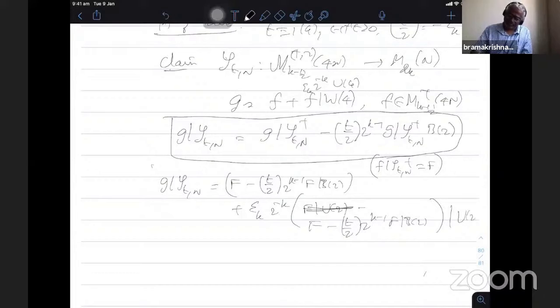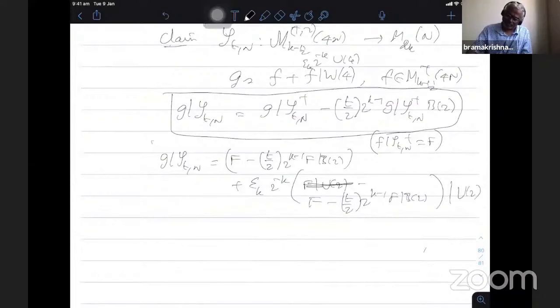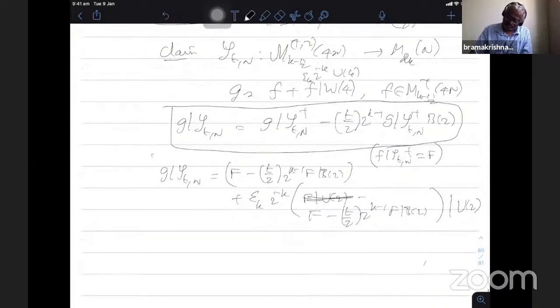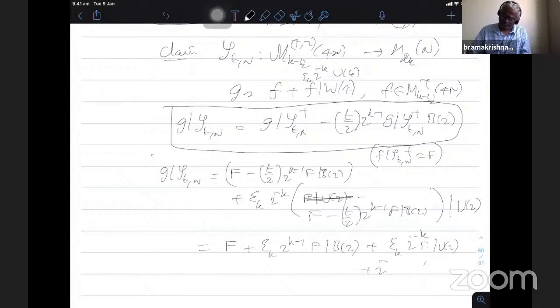That is better because I'm just taking the same one, I apply U4 to the right. So this one is as it is. Therefore it's simplifying, this will become capital F plus epsilon_k 2 power k minus 1, f bar B2, plus epsilon_k 2 power minus k, f bar U2, plus 2 power minus 1 f, because the B2 U2 is 1.